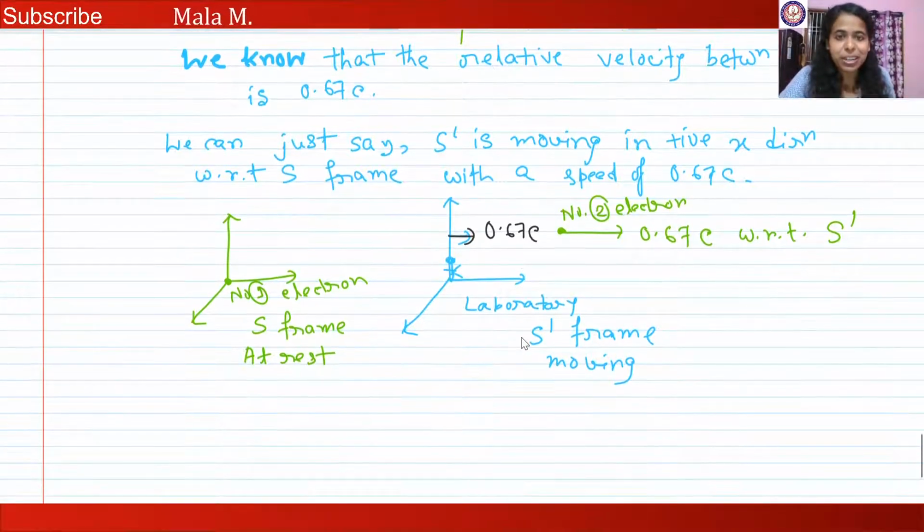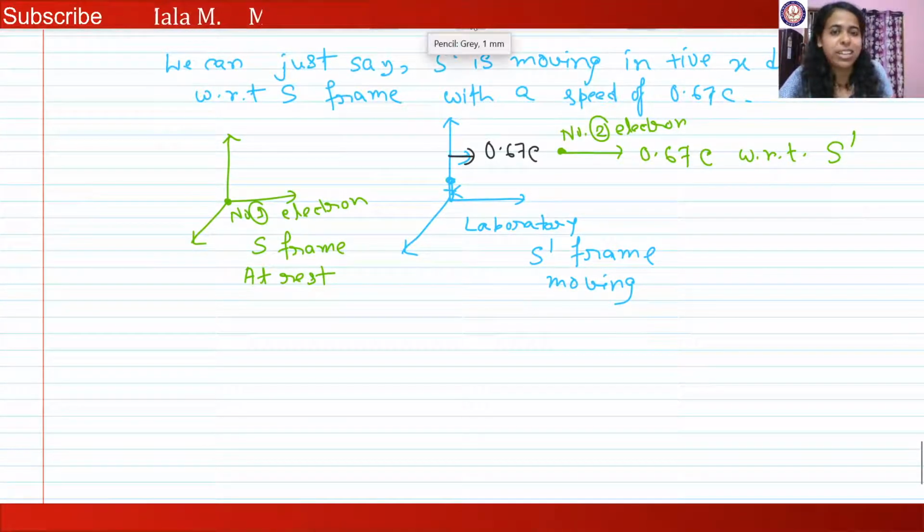As I have told you previously, here my particle is the second electron.